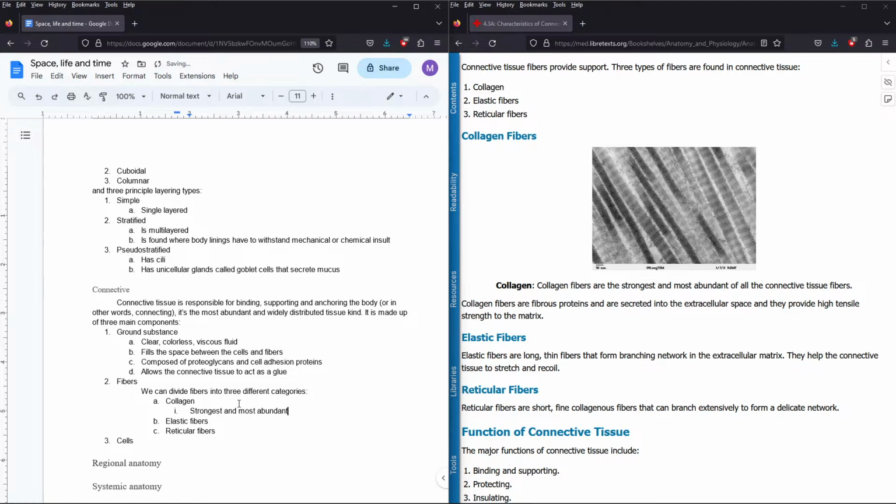Elastic: long and thin, forming a branching network in the extracellular matrix. Okay, so elastic fibers are elastic. Once again, a shocker. They help to stretch and recoil.